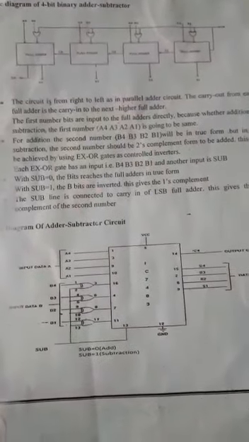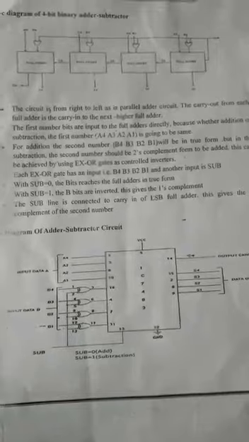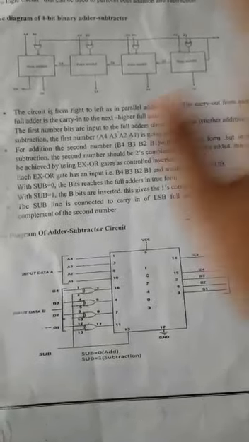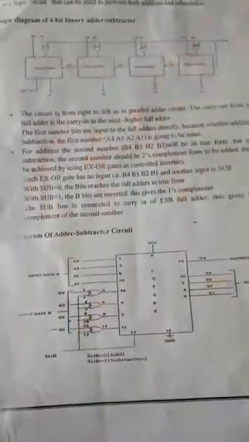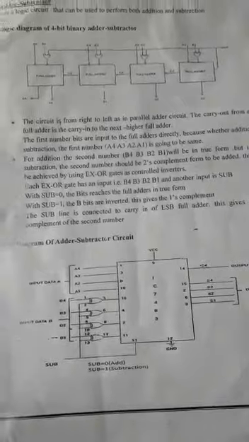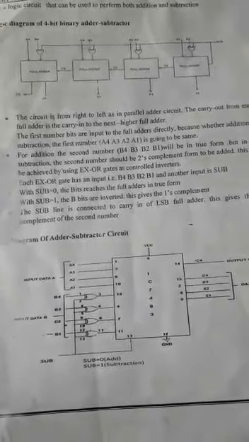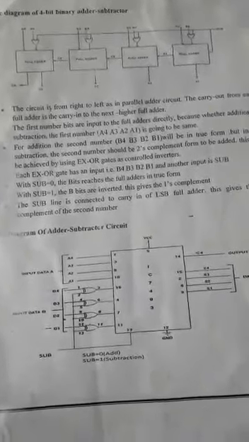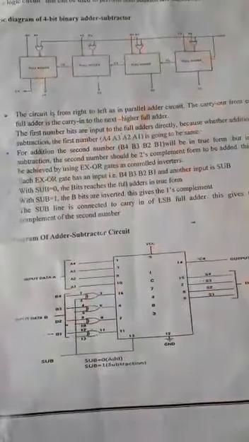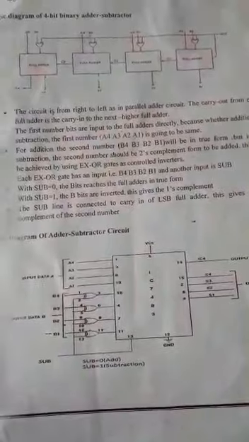Here we have two input numbers. The first number is A4, A3, A2 and A1, and the second number is B4, B3, B2 and B1. If we are going to perform the addition operation, the numbers will be in the same form.